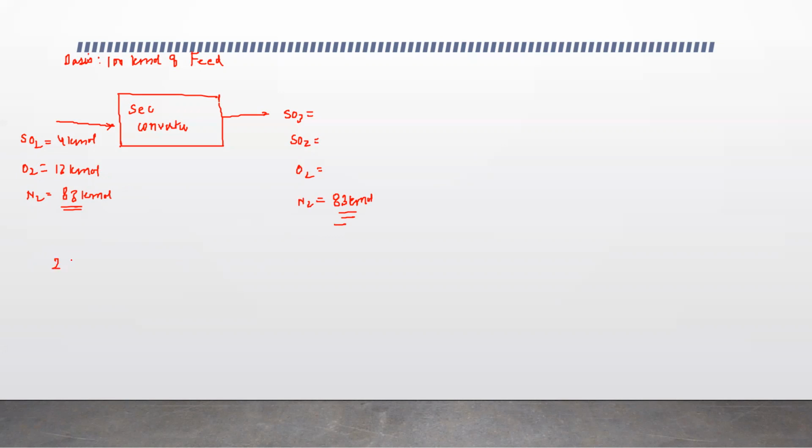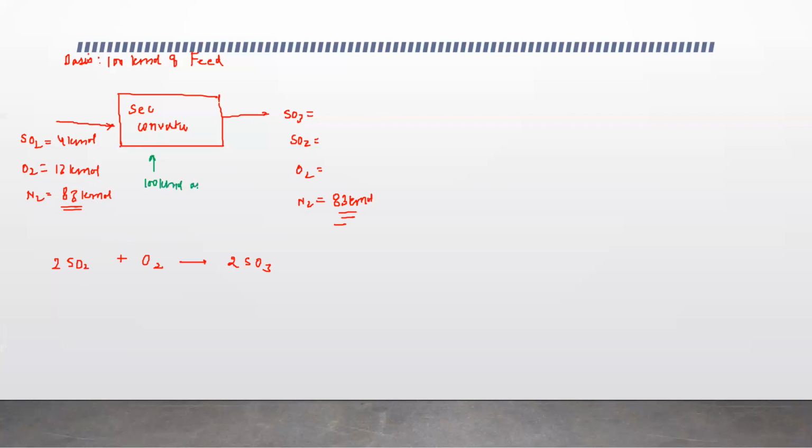Then the next thing that we have to deal with is the stoichiometry. The stoichiometry of this reaction is 2SO2 plus O2 gives 2SO3. As you can see, there is no nitrogen over here, which is why I've directly written nitrogen as 83 kilomole. Let's say, though this is not a part of the question, I was sending 100 kilomole air.